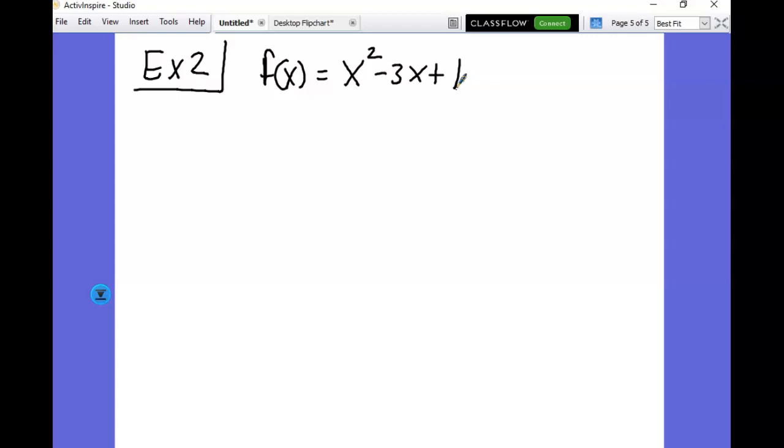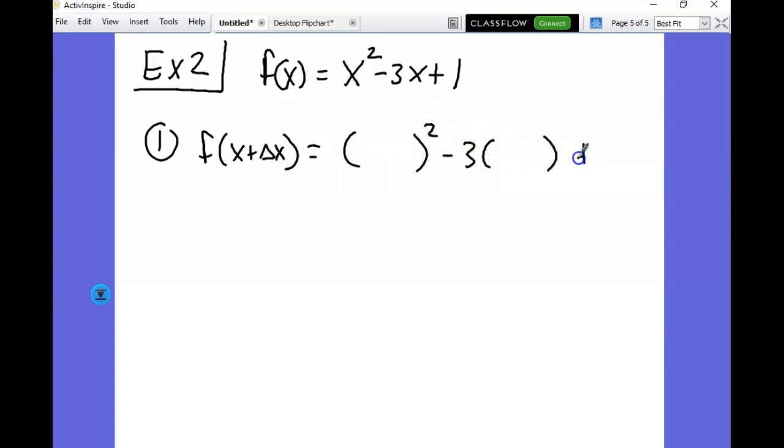So the first thing that we do, step 1, is figure out what f of x plus delta x is. That means I go through my function and replace all the x's with x plus delta x.